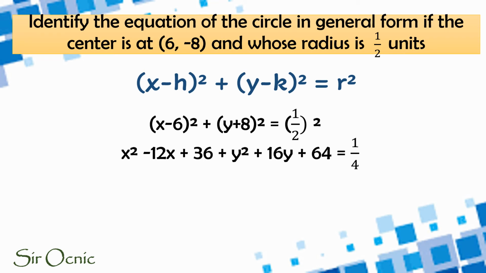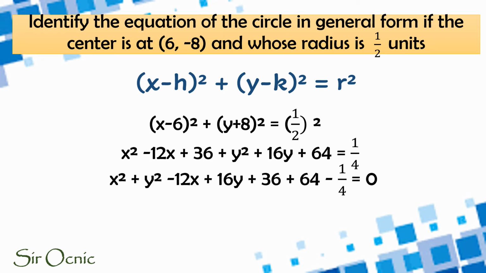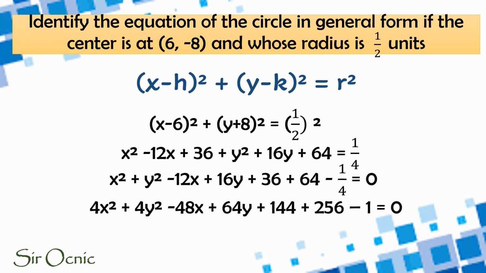Rearranging all the terms in the equation, that will lead us to x² + y² - 12x + 16y + 36 + 64 - 1/4 = 0. By multiplying the whole equation by 4 to eliminate the denominator of 1/4, that will lead us to 4x² + 4y² - 48x + 64y + 144 + 256 - 1 = 0.